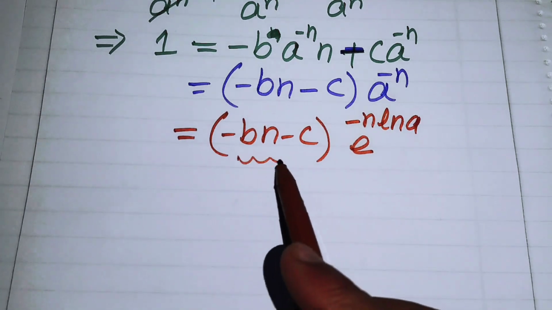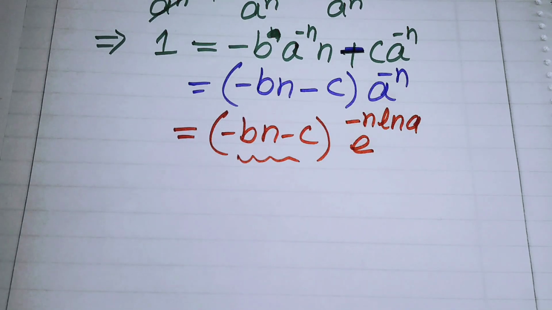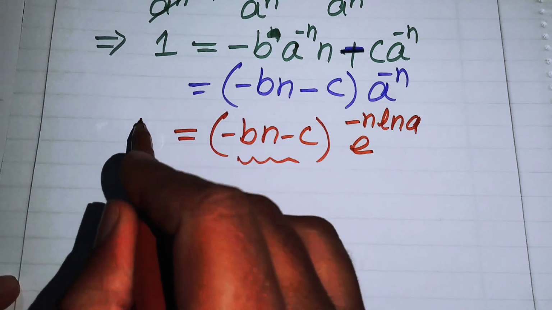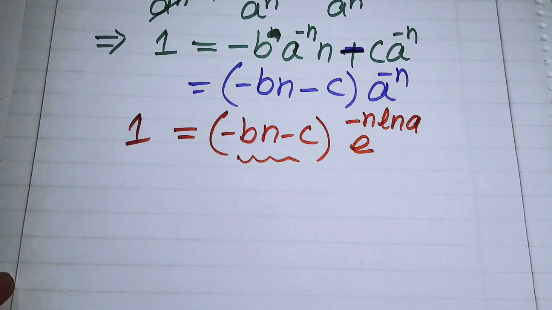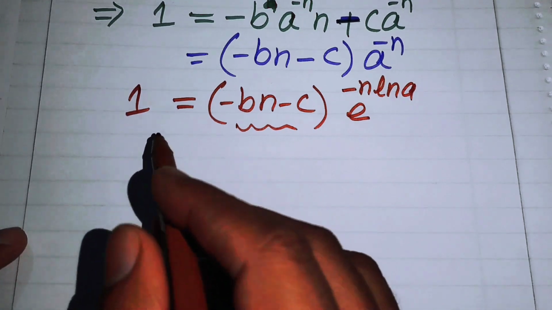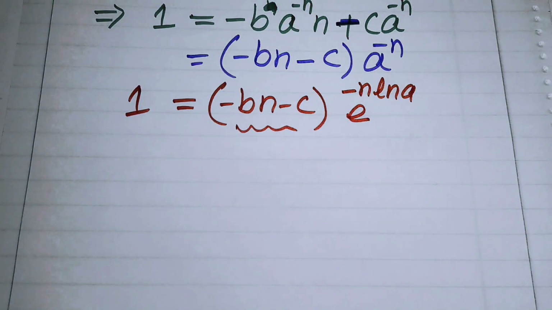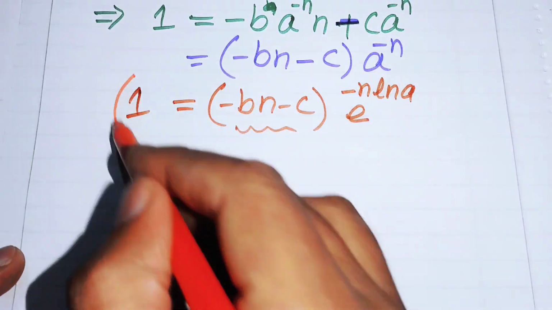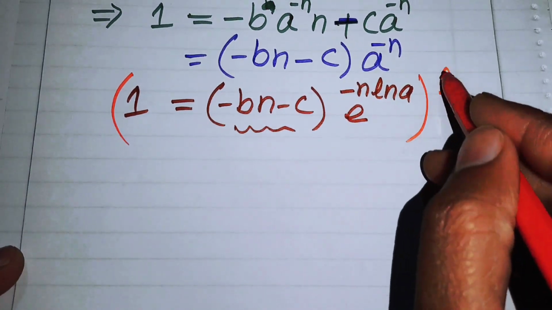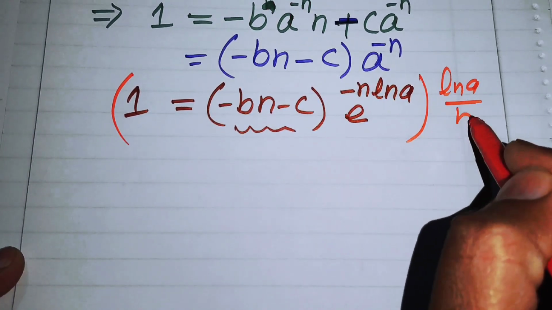So in the next step we will multiply both sides by log of a over b, and in the left hand side we have only 1. So now we multiply both sides by log a over b.